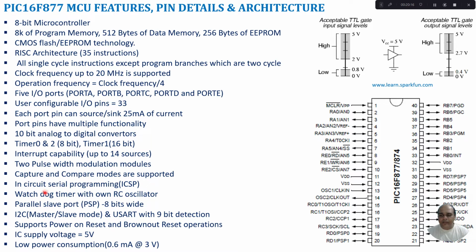Whenever the program enters an infinite loop, the timer starts. The timer waits until the program changes its state. If it is not changing its state within the prescribed time period, then automatically a reset will be provided by this watchdog timer.